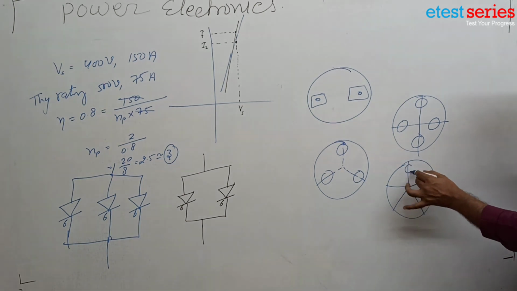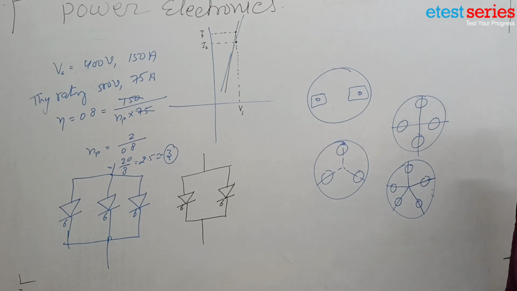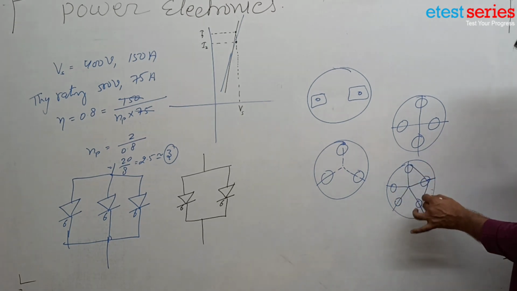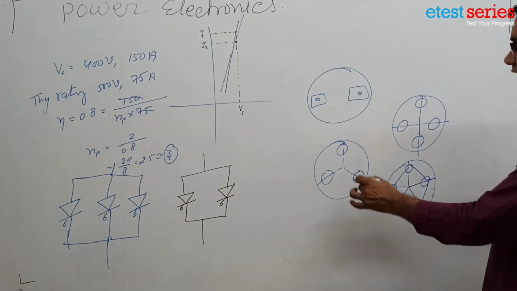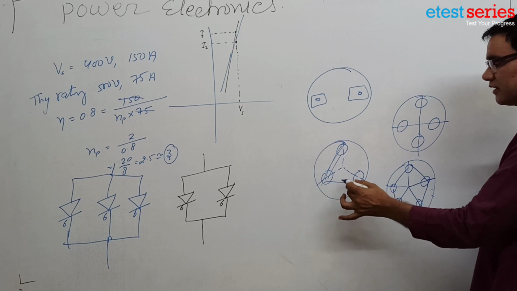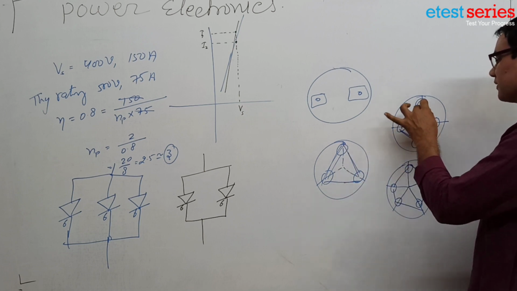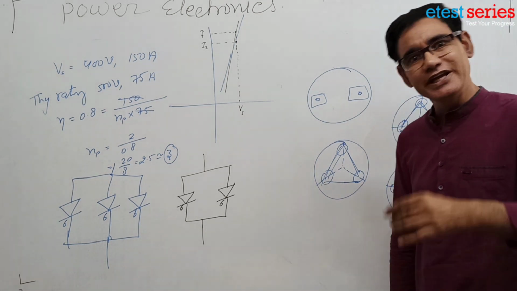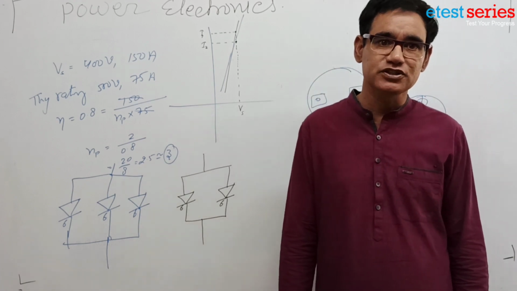One over here, second, third, fourth, and fifth, like a pentagon, like a triangle, like a rectangle. Equal spacing, so the heat is spread equally, and there is no overheating between these two.